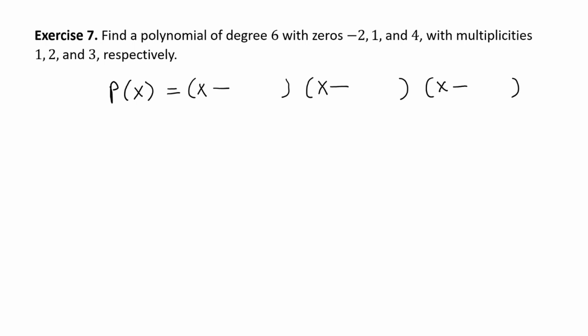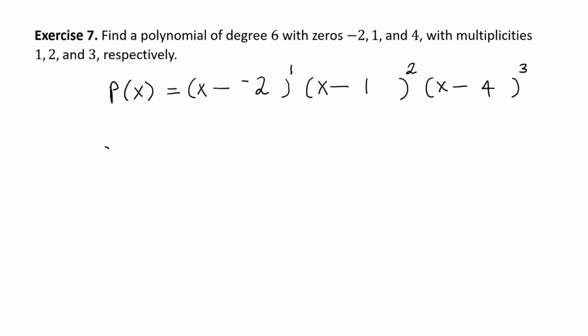That's for the 3 zeros, the values we were given, -2, 1, and 4. And now looking at the multiplicities, the first one is multiplicity 1, the second one multiplicity 2, and the last one is multiplicity 3.